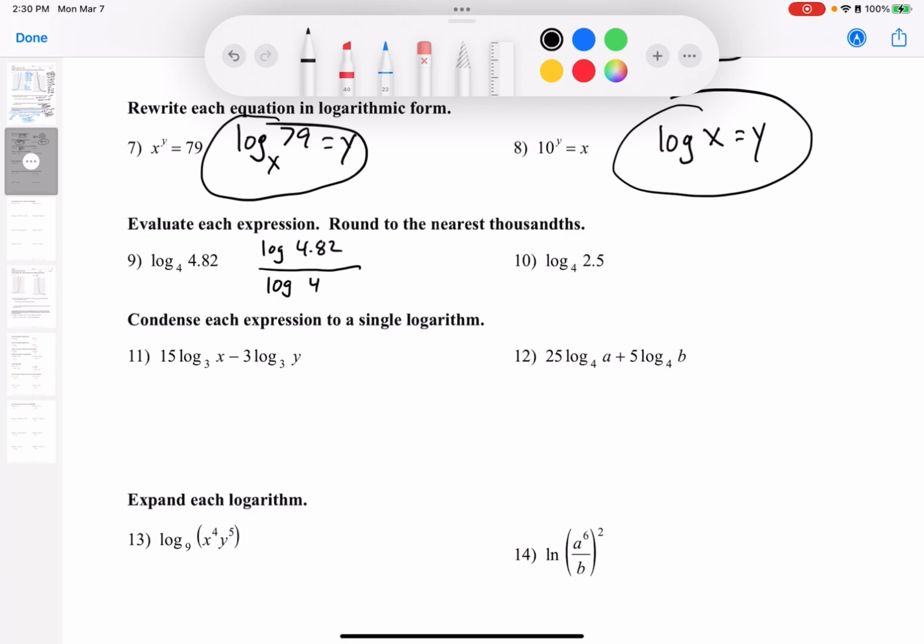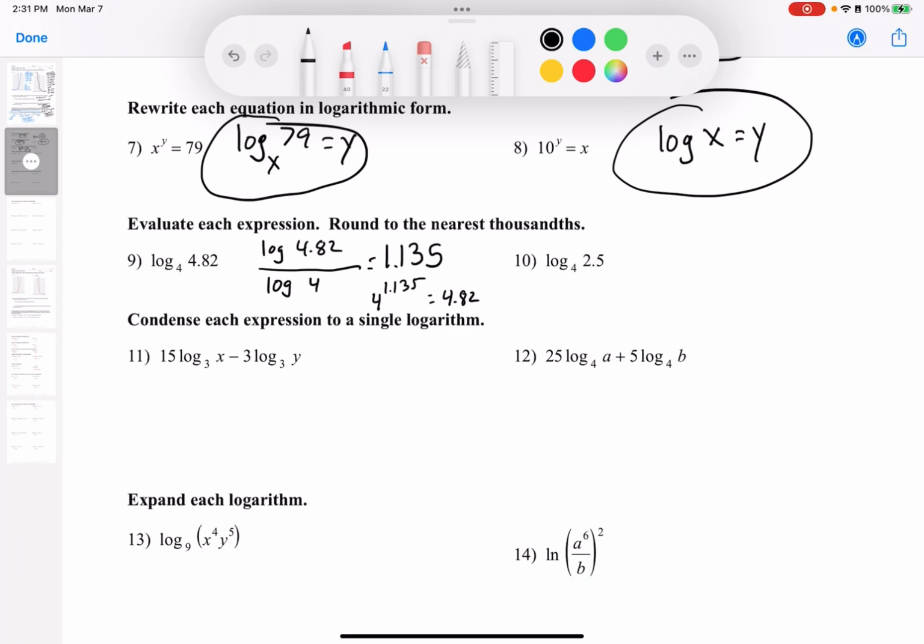Round to the nearest thousandth, so that's 1.135. And again, remember what this means. This means that if I take 4 to the 1.135, I should get 4.82. And if I just check that, just to make sure, yeah, that's what I get.